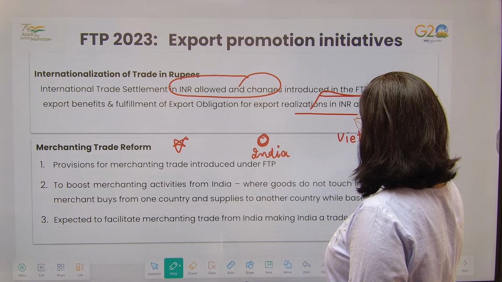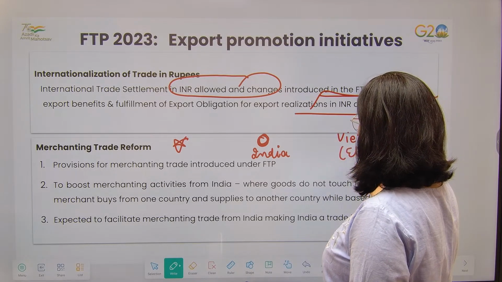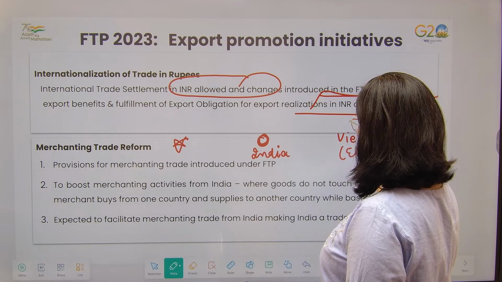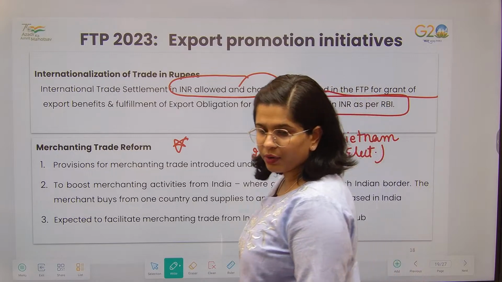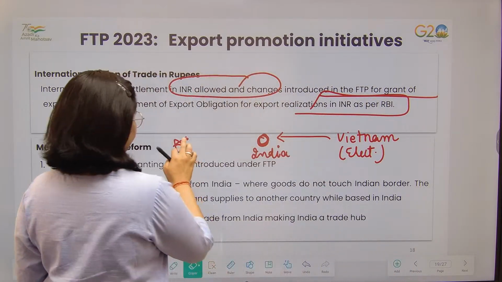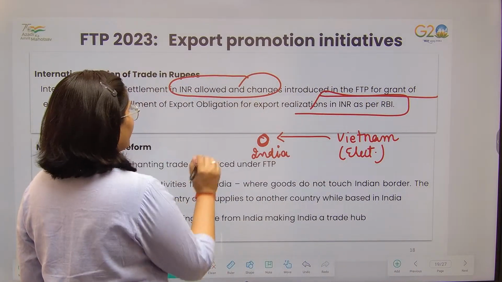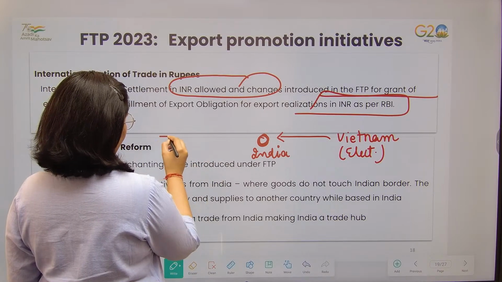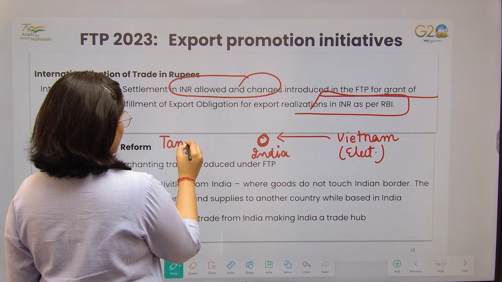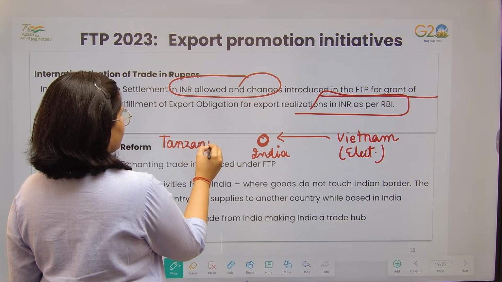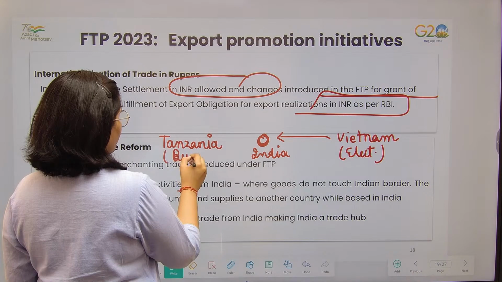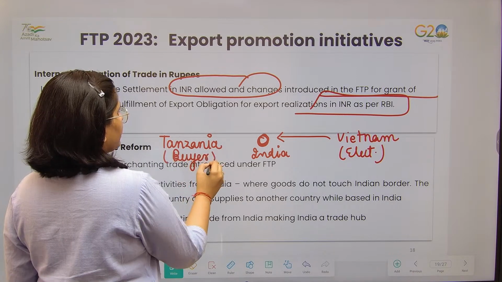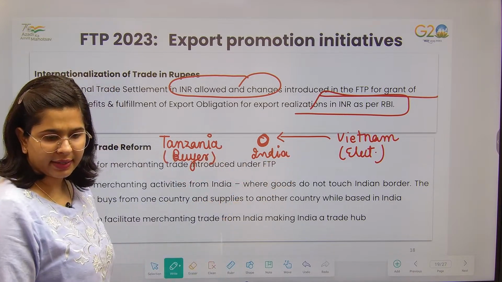This person in Vietnam has some electronic items and is ready to sell. Fine. Now, we have a customer in Tanzania. This person wants to buy these kinds of electronic items.